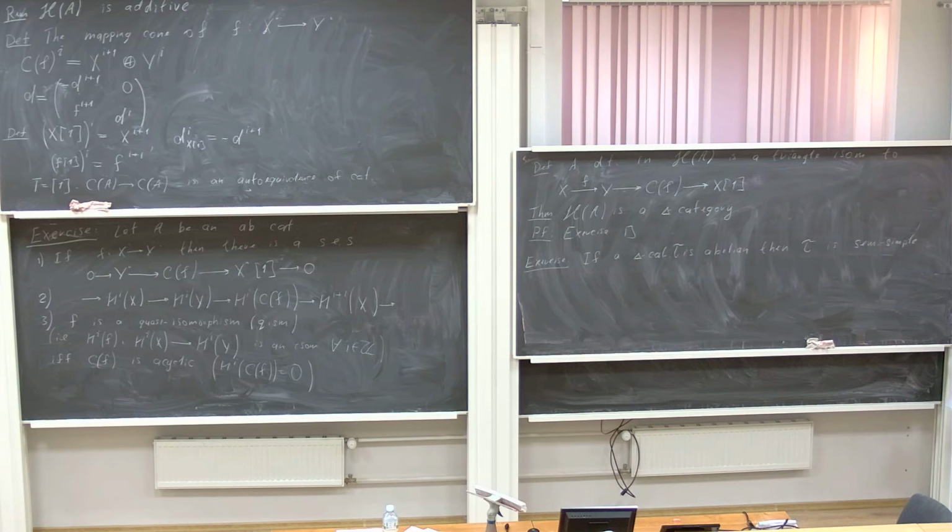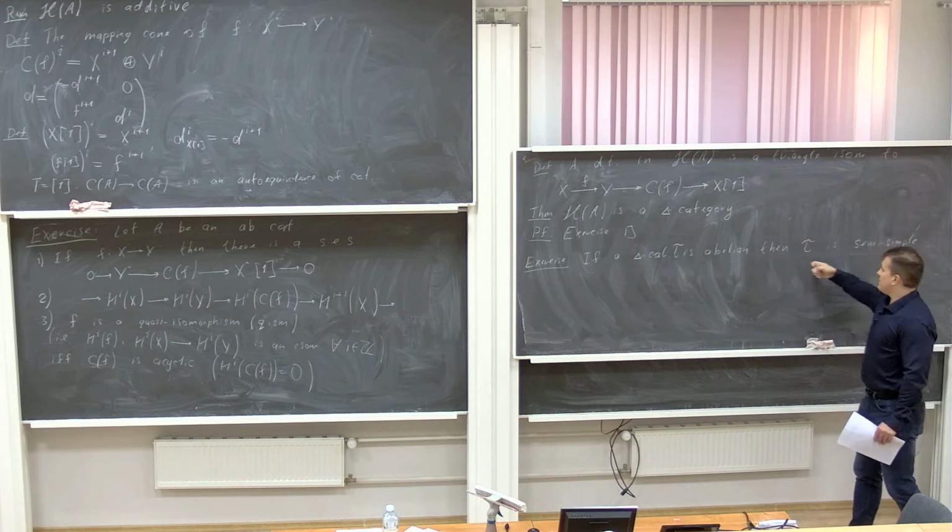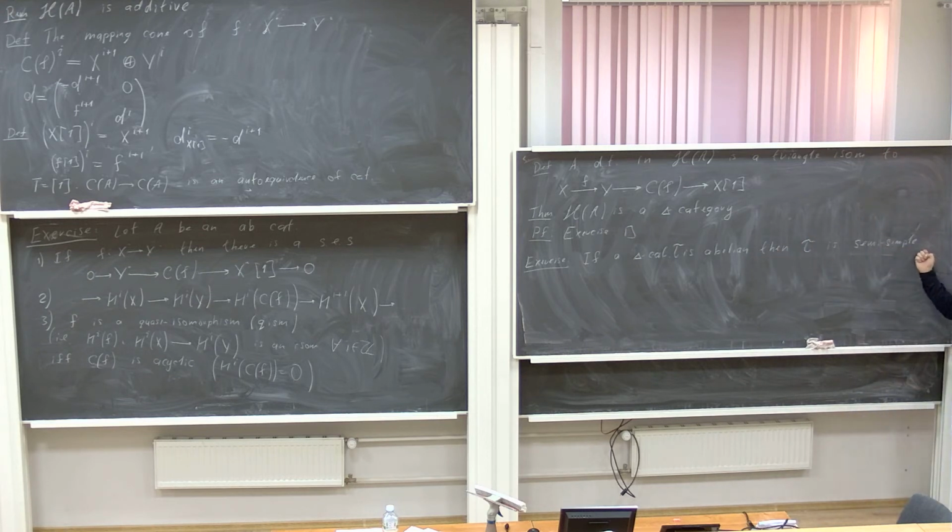So this is the reason why the homotopic category is rarely abelian, right? Because you know that the homotopic category is always triangulated. So if you additionally can prove that this is abelian, it means that this is a semi-simple category. So it's quite an easy category. Okay.